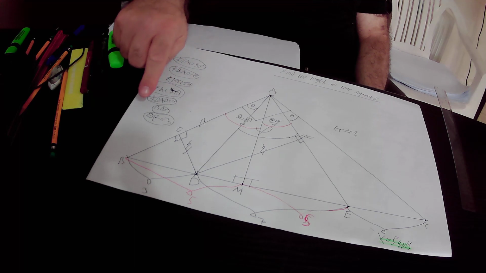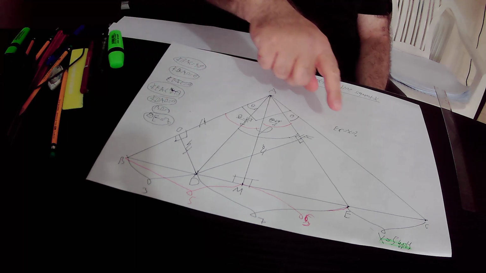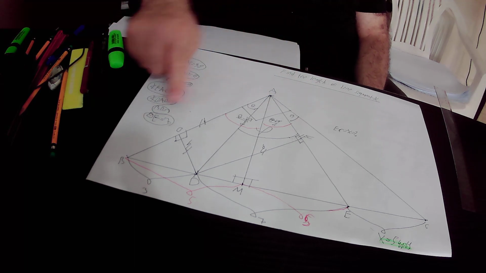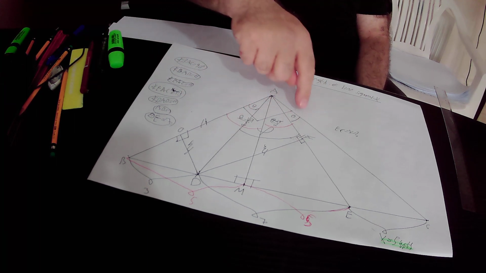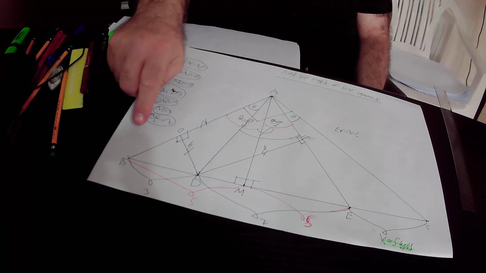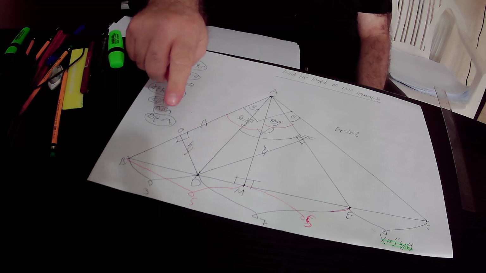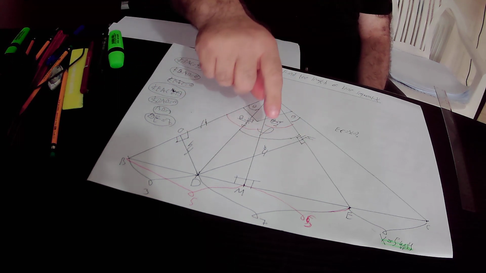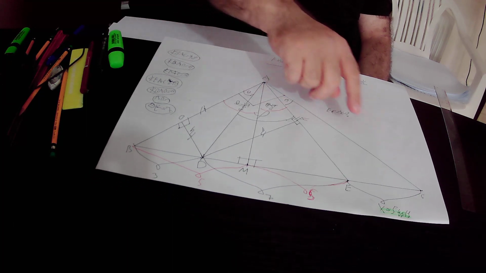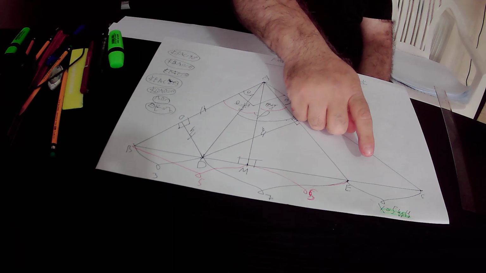We also know that angle BAC equals 90 degrees, angle BAD equals theta, angle EAC also equals theta, BD equals 3 units, DE equals 7 units, and we want to find out the value of EC that equals x.